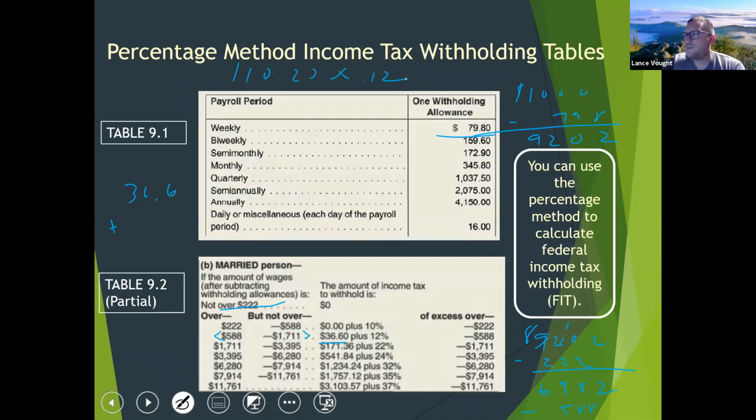You multiply that times 0.12. So 110.2 times 0.12 gives you 13.22. So you would pay $49.82 in taxes, federal taxes, if you made $1,000 a week.